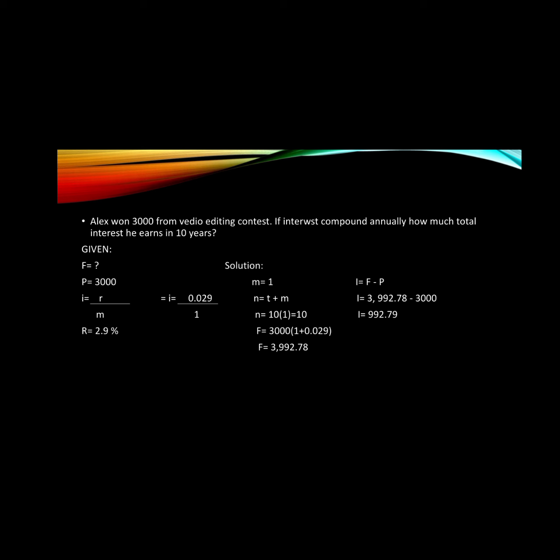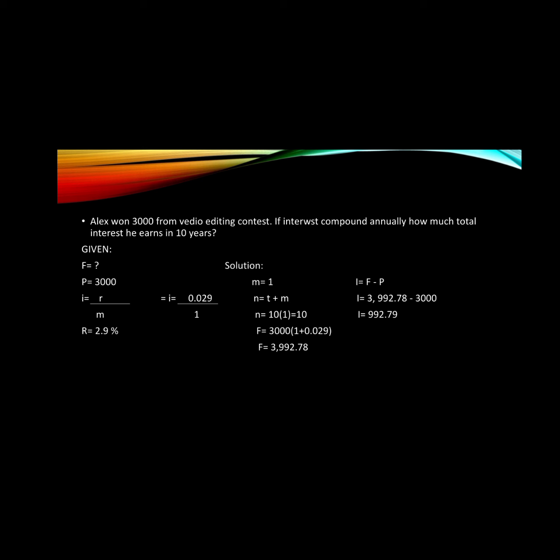So given: P is 3,000, and the interest rate is R over M, where R is 2.9%, which is 0.029 over 1. So solution: N is equal to T times M. N is equal to 10 times 1 equals 10.